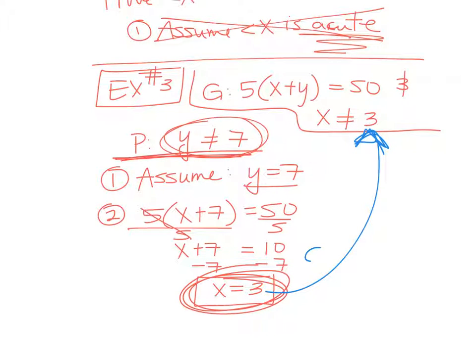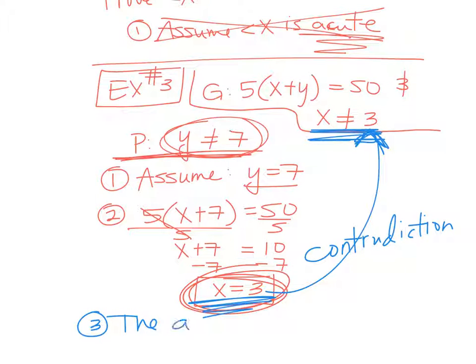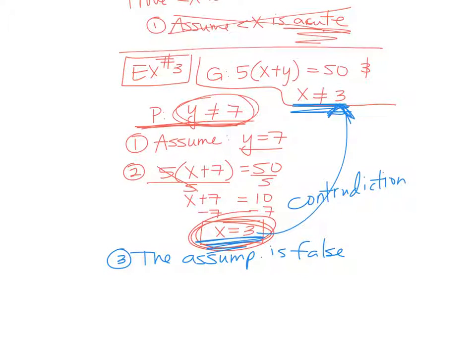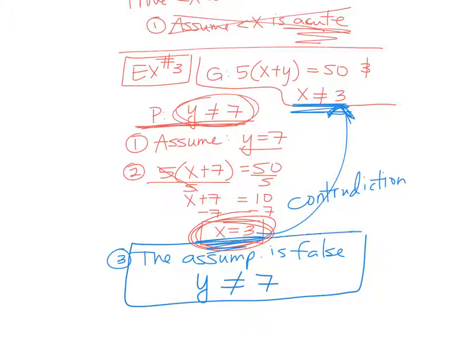So here's your contradiction, right? We solved for our assumption, and it said x equals 3, but x can't equal 3. Okay? So that's a contradiction. Therefore, we say the assumption is false. Y does not equal 7. Okay, so that'd be your third step. The assumption's false. Restate what they asked you to prove. Questions on that?